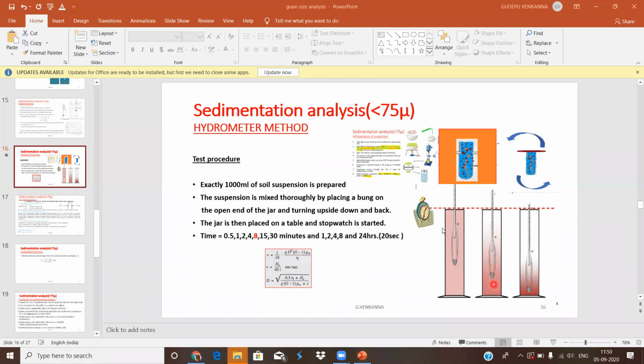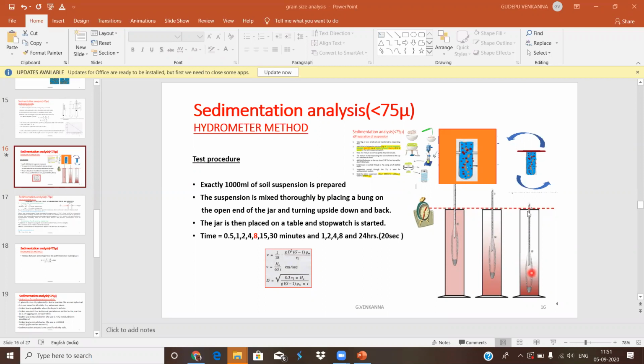As the sedimentation process goes on, the large particles settle at the bottom. Due to the sediment of large particles at the bottom of the jar, and the non-uniform specific gravity, the hydrometer goes deeper. At 24 hours, in the same way, the heavier, larger particles go deeper and deeper, so the hydrometer again goes deeper.